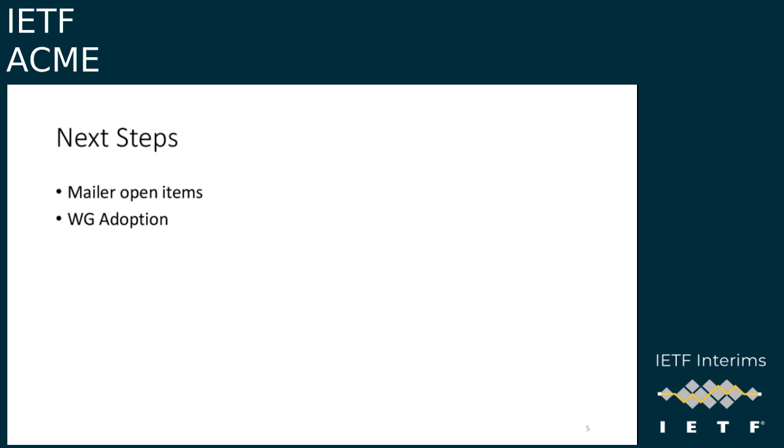So we'll try to see if there's a good number of people who have read the draft, want the draft, or are interested in having it go through the working group and become an RFC. It's probably more advanced and more complete than we usually want documents to be when we're adopting them. But the big question is if there's enough interest, and we'll ask that on the mailing list.